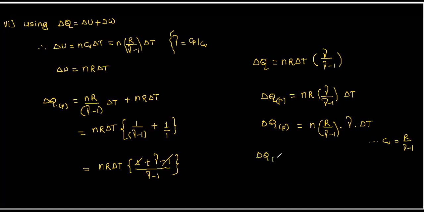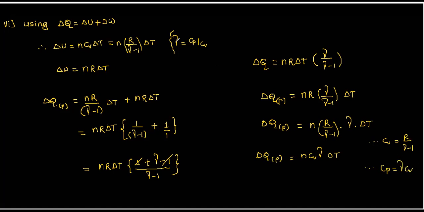Delta Q at constant pressure is equal to n Cv into gamma into delta T. But you know gamma is equal to Cp by Cv, and therefore Cp is equal to gamma into Cv.